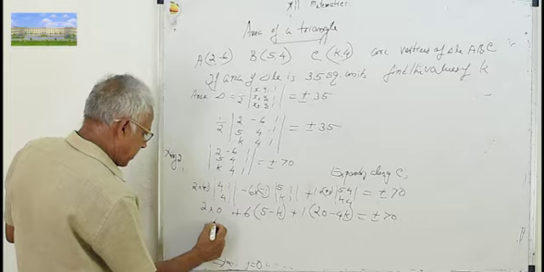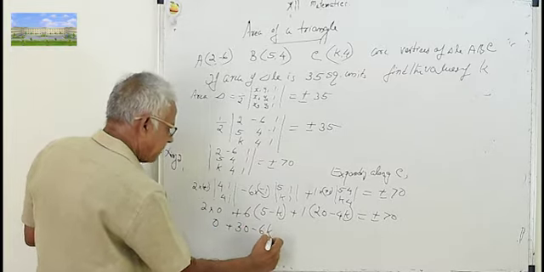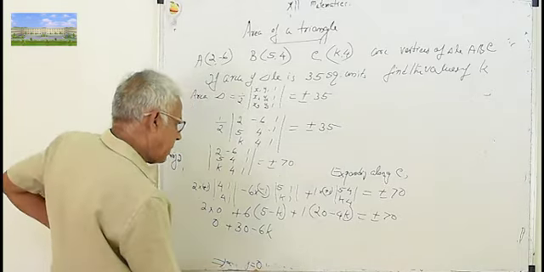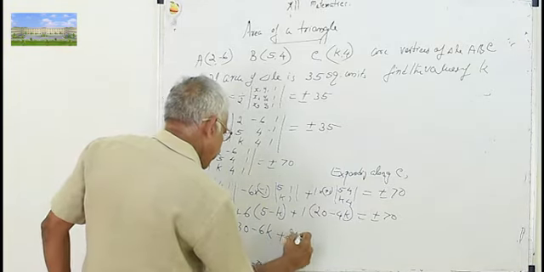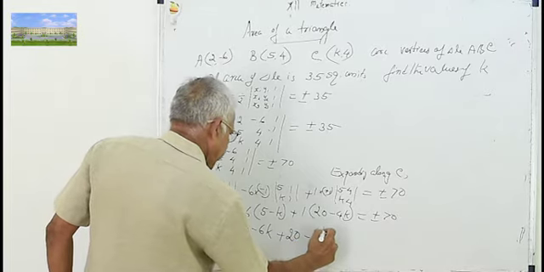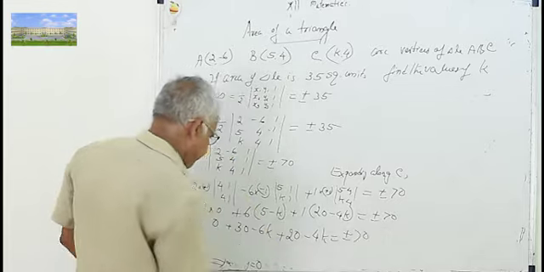Then we get 0 plus 30 minus 6k plus 20 minus 4k is equal to plus or minus 70.